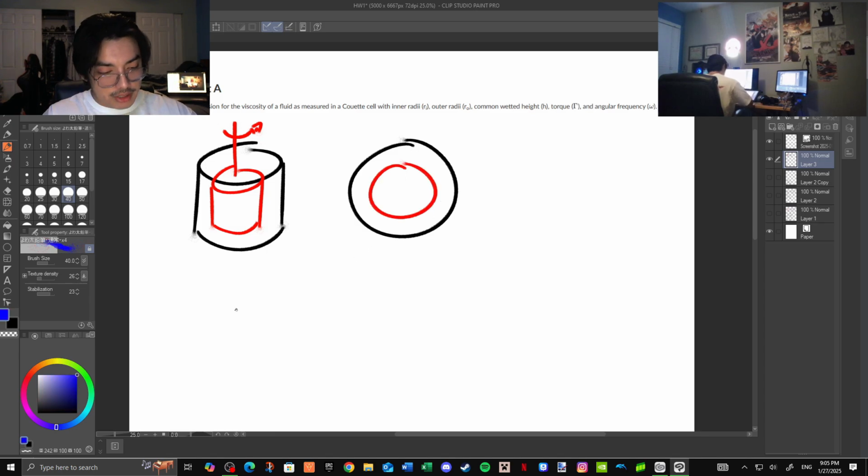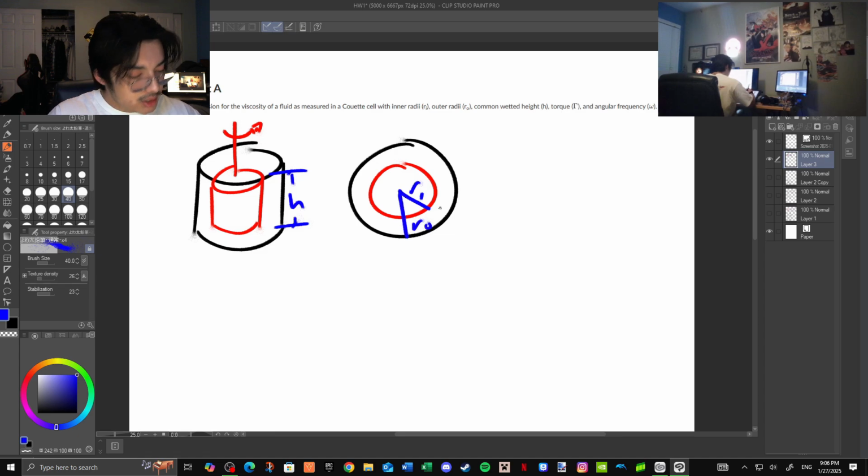And so we're going to extract a few variables to use in the equation. So we're going to take the height of the inner cylinder. We're going to take the radius of the inner cylinder and the radius of the outer cylinder, and we need to find angular frequency.